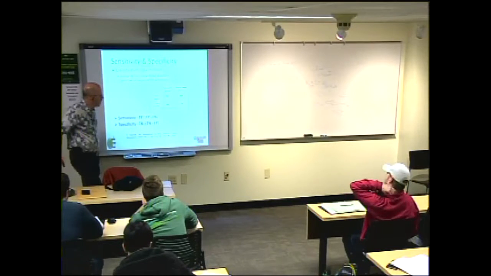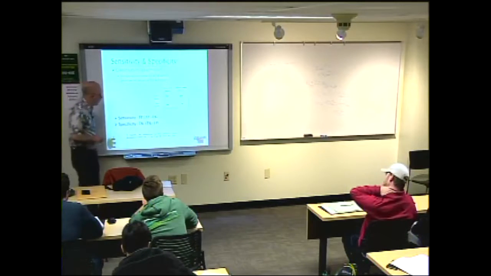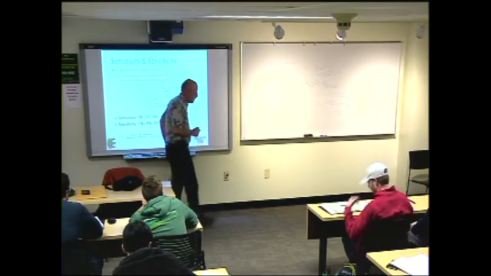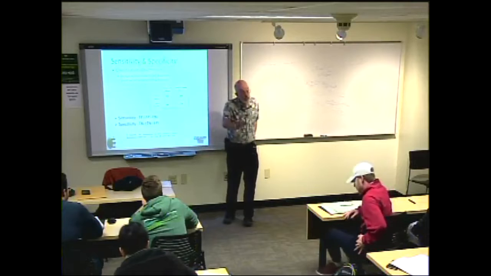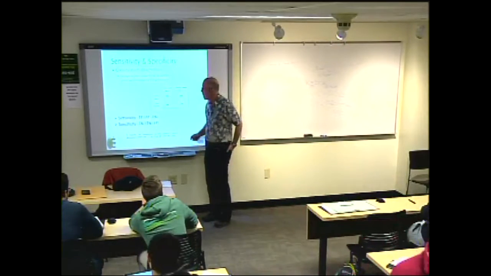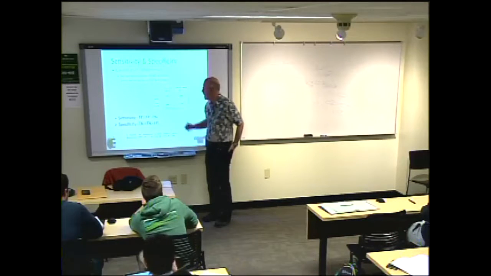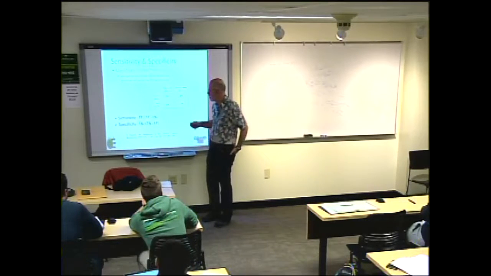The other quantity that people care about is the specificity. And specificity is defined as the ability to tell somebody they don't have something or they have something different when they do. So in this case, we're not going to look at this column for patients with disease. We're going to look at this column for patients without disease. So they don't have strep throat based on bacterial culture, but we're going to find out how many times that's really true.